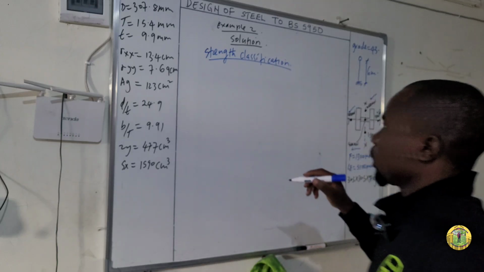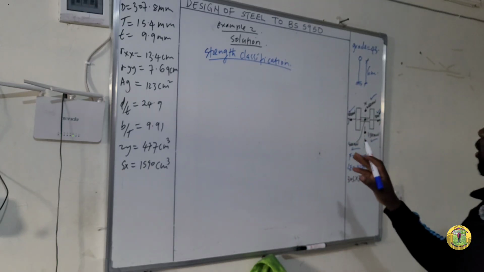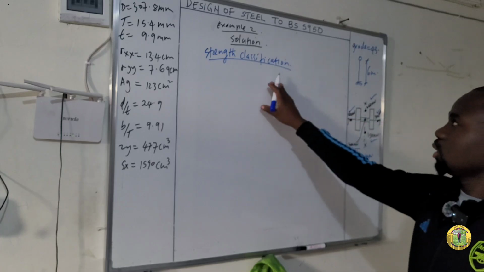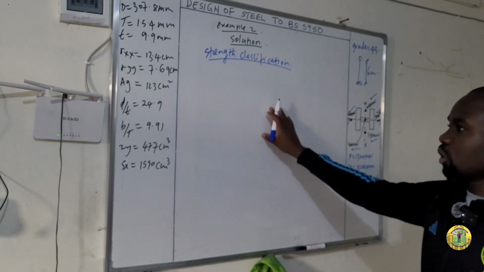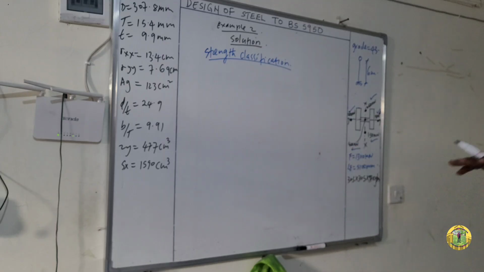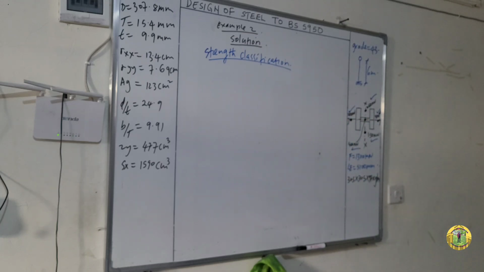I will keep on saying that for strength classification, there is a table provided by BS5950, which guides you on how to classify the strengths. The table is in my first video, which is the introduction, or you can check one of the examples in design of beam.